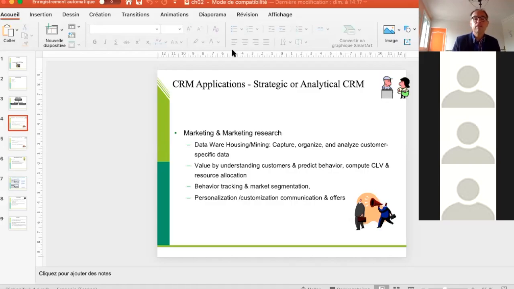This is strategic or analytical CRM, where you use the data, where you understand the customers, where you segment according to value, where you allocate resources according to value, which is called resource allocation or value alignment. And finally, where you learn more and more about customers: the longer the relationship lasts, the deeper will be the knowledge about the customers. And this enables the firm then to make more personalized offers. This is actually the real challenge today.